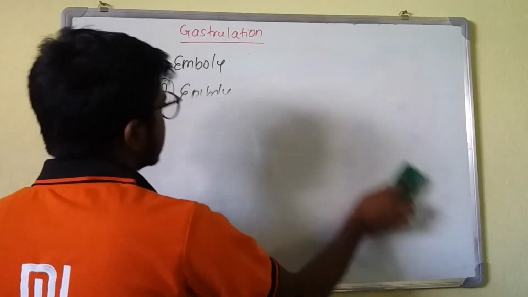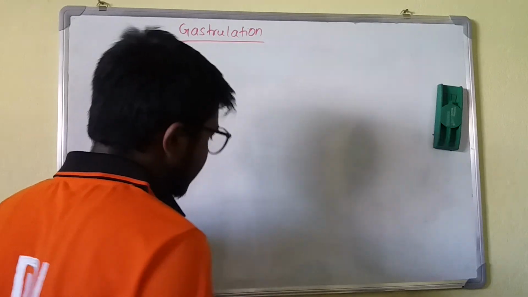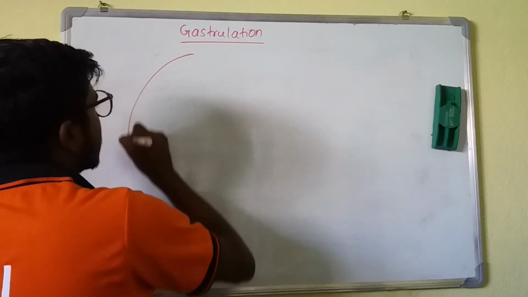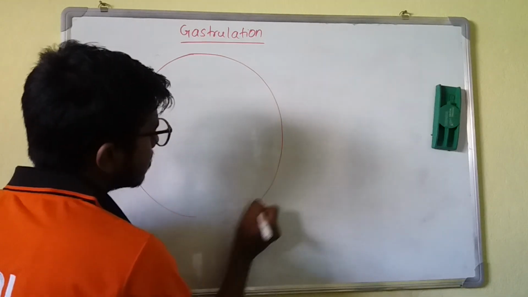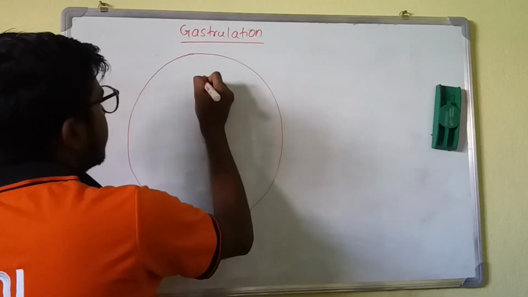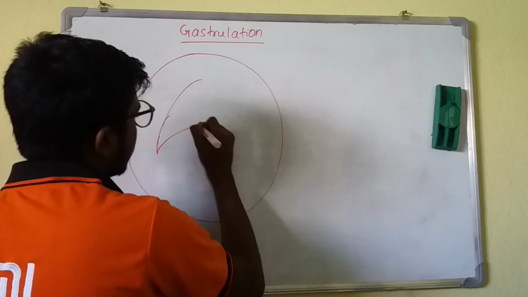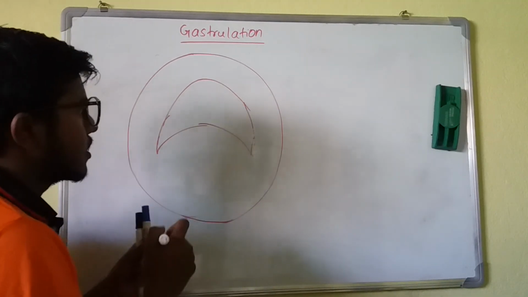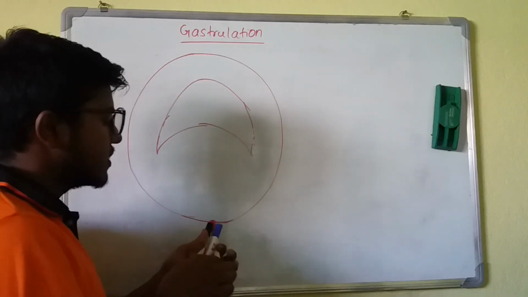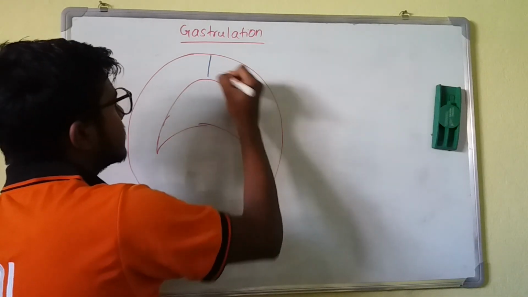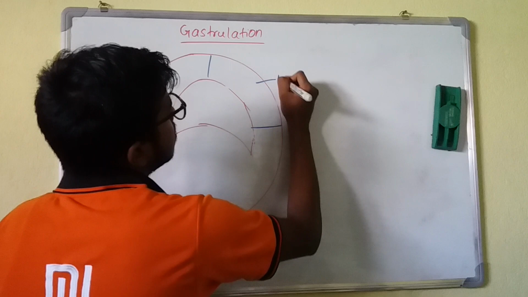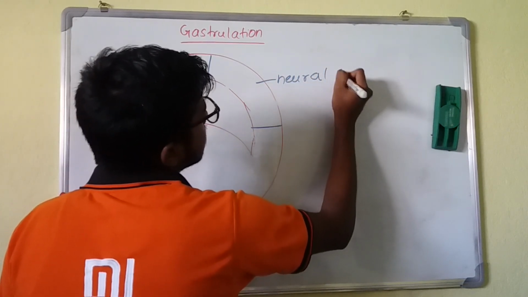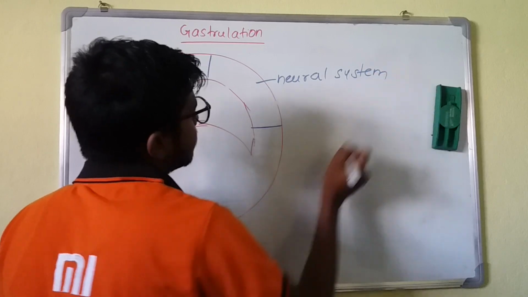Now how this process takes place, I will be elaborating with a figure. I will not be dealing with much of the text because you can get the text from the book. Let's say this is the figure of an embryo of a frog, and the blastocoel, this is the vegetal pole, and above this we can see this part is the neuroectoderm, the neural system, the fate map.